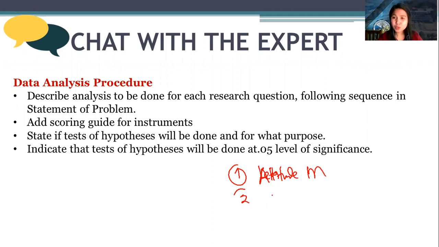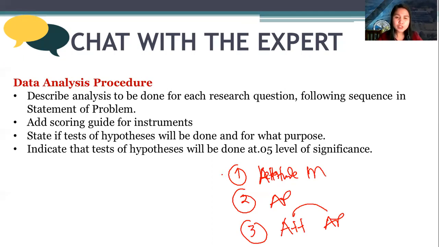Question number 2, what is the level of their academic performance? Question number 3, is there a relationship between attitude towards math and academic performance? Now, questions 1 and 2 will be descriptive. So I can write them in the same paragraph.